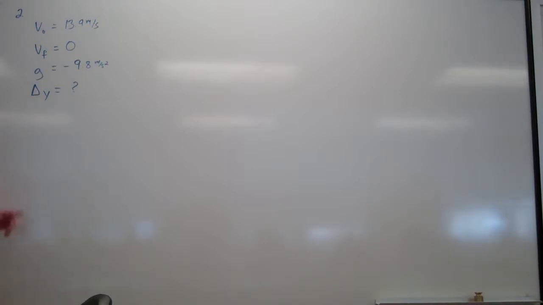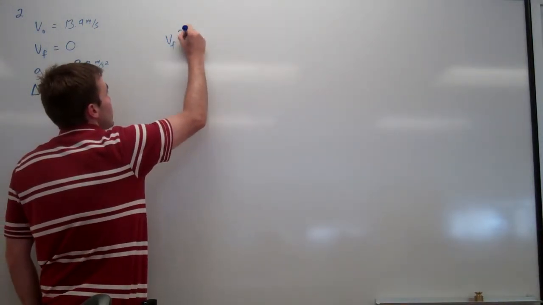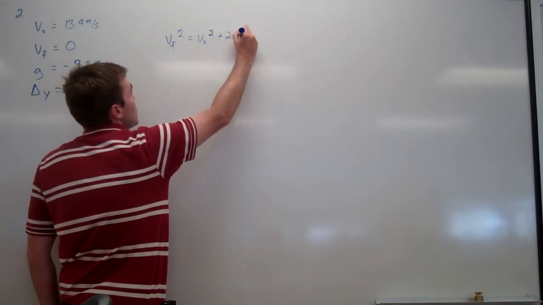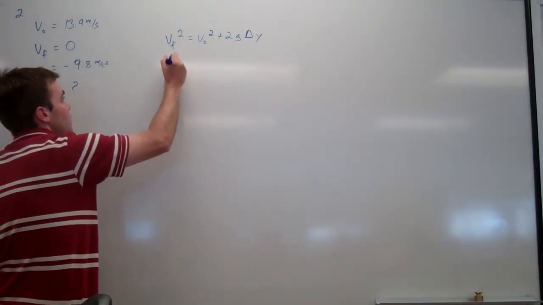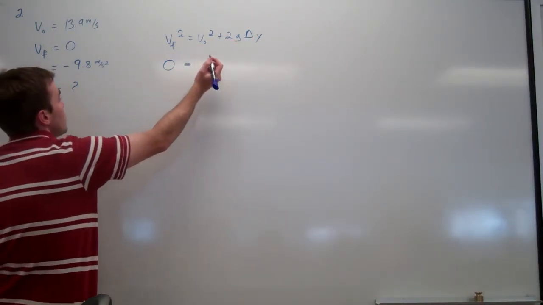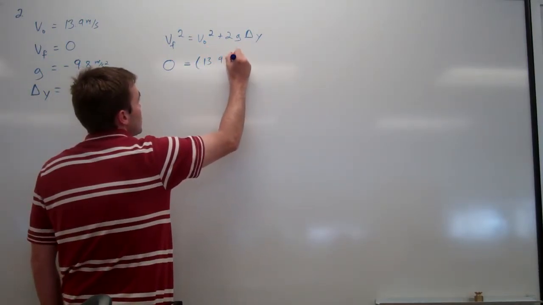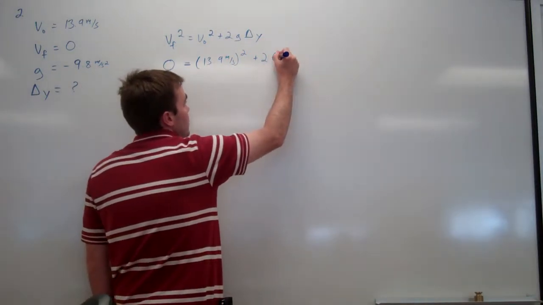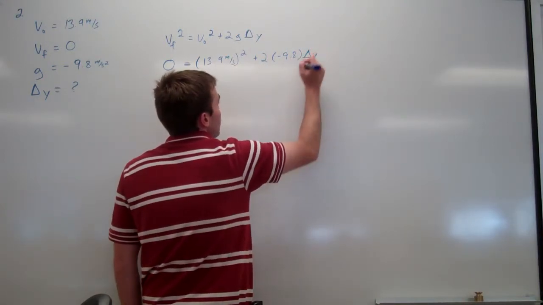Alright, what equation is this for? Last one. So, VF squared equals VO squared plus 2g delta y. Velocity is 0 equals initial velocity 13.9 meters per second squared plus 2 times negative 9.8 times delta y.